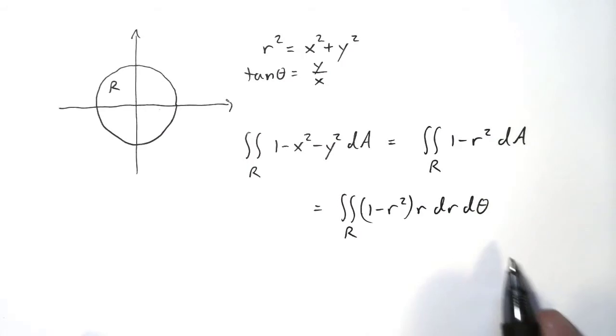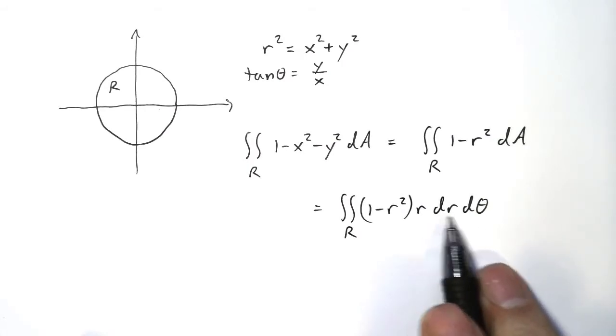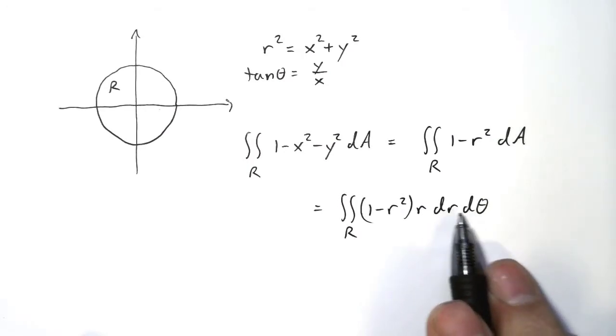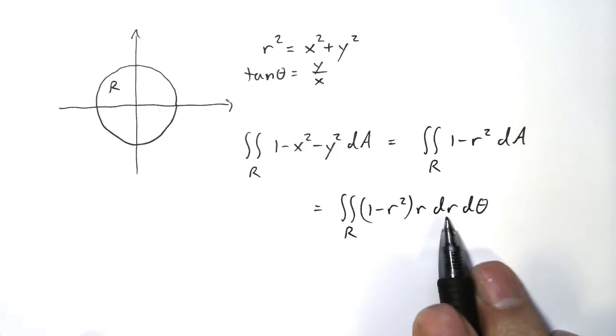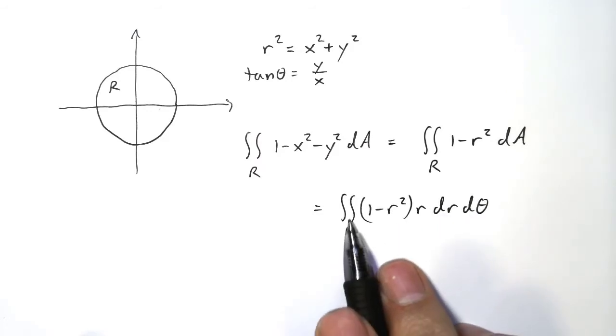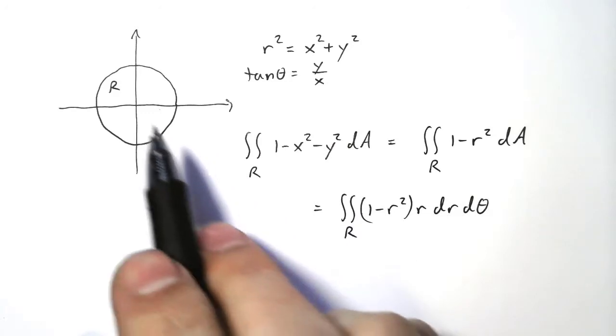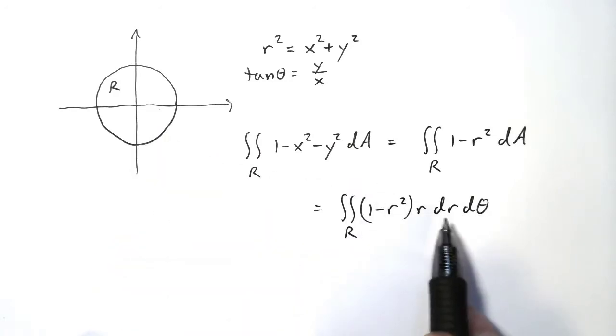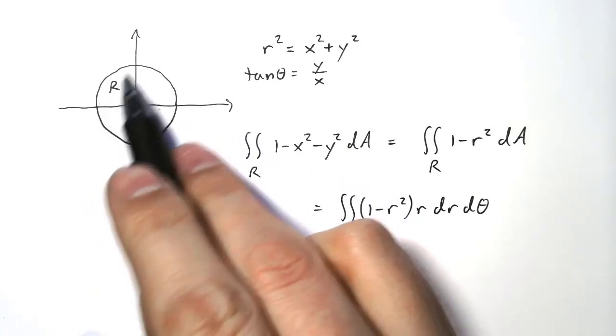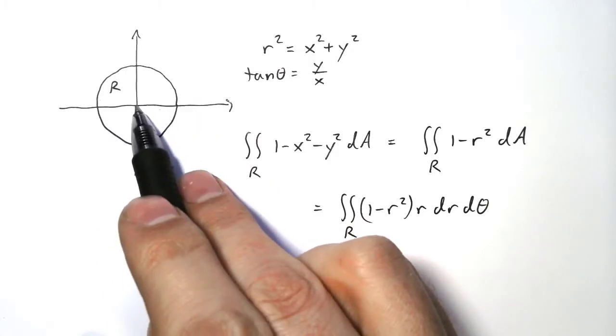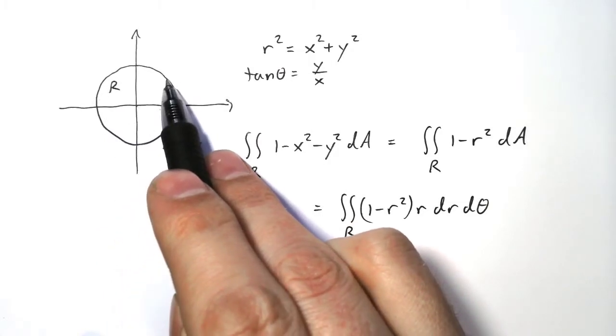Okay, now how am I doing this? I set it up dr d theta. I could have done d theta dr, but I set it up dr d theta so we can determine the bounds here. So let's look at our picture. What are the bounds for r? Well, we're filling in this entire disk, so r goes from the center all the way out to the perimeter.